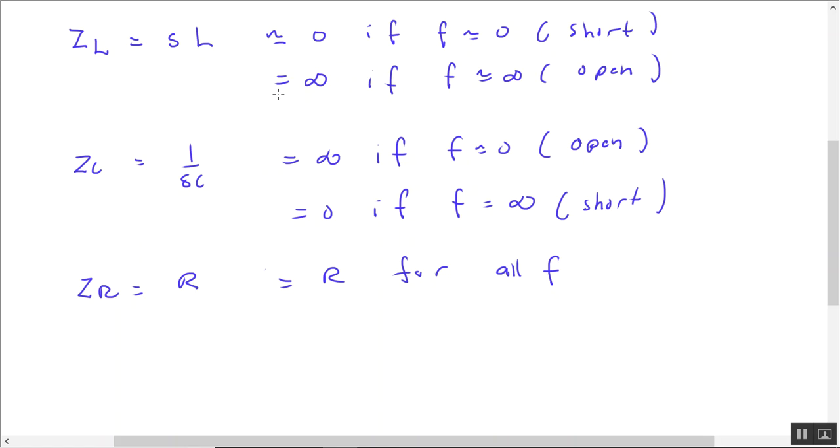Same with inductors, right? But all you got to do is take a look at your circuit, let f equal 0, right? Take out all the capacitors because they go to infinity. When f is 0, replace every inductor with a wire and keep the resistors there. Find out what V out is, right?